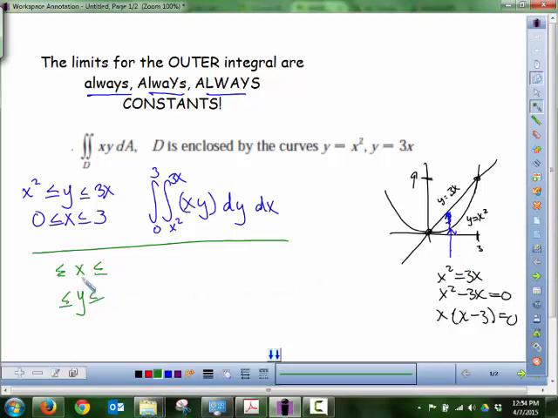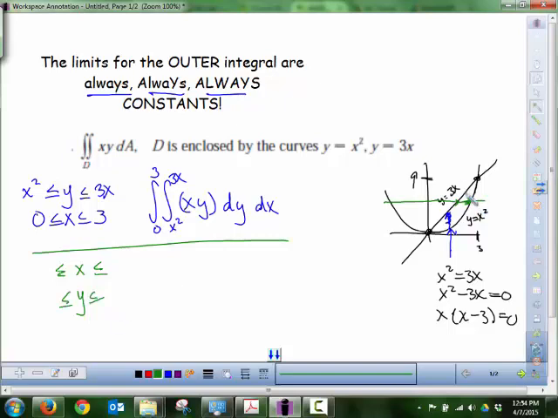If I integrate with respect to x first, I would draw a line parallel to the x-axis, and I would see when I get into my region and when I get out of my region.